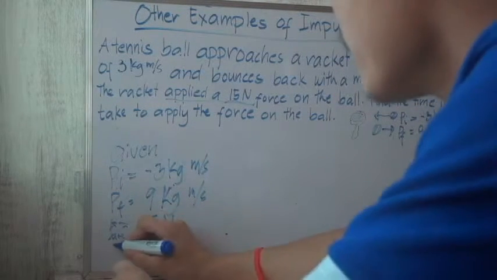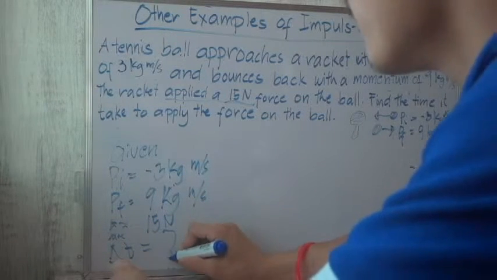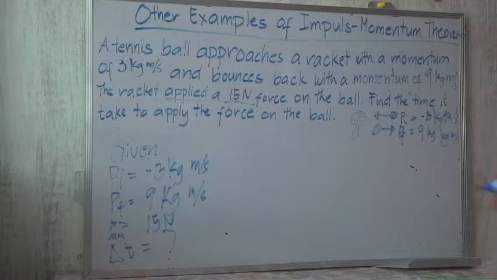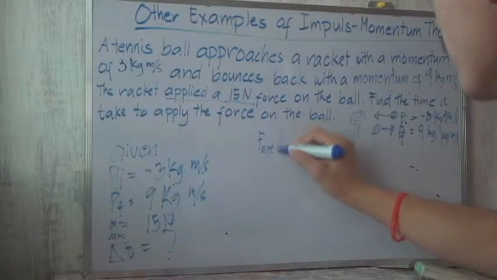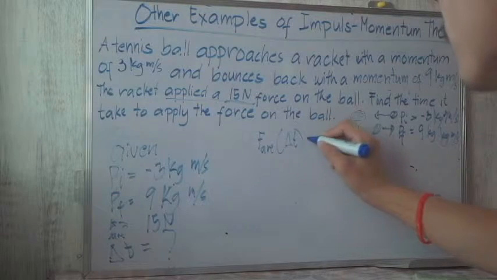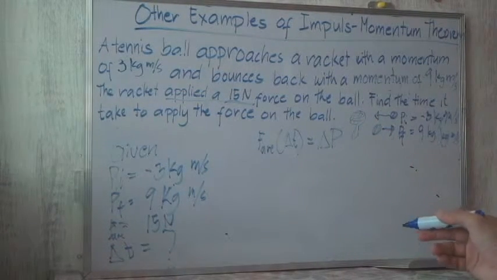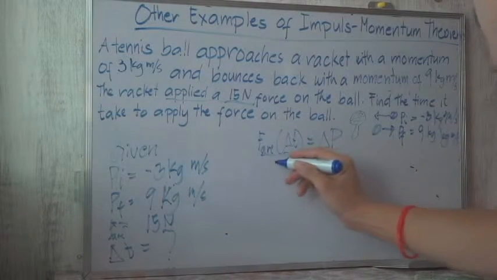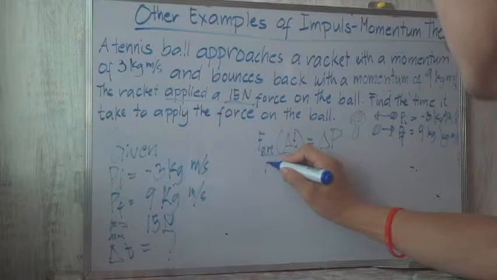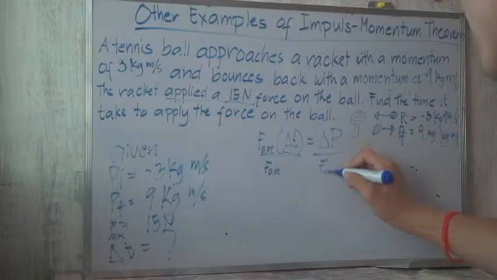Kung atong ginapangita kay ang change in time. So atong gamiton nga formula is force average times change in time is equal to the change in momentum. So atong ginapangita is ang change in time. So i-divide nato ning duha ka side sa equation sa force average.